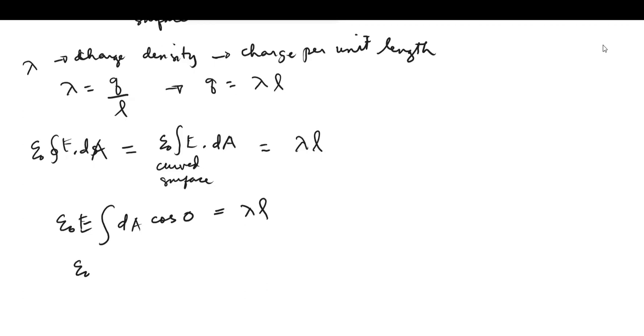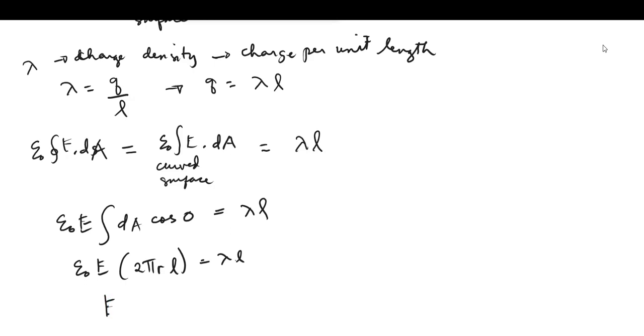Therefore, epsilon naught E times 2 pi R L is equal to lambda L, where the quantity 2 pi R L is just the surface area of our cylindrical Gaussian surface.